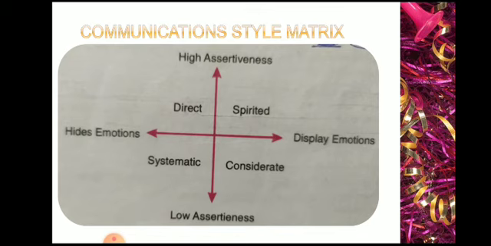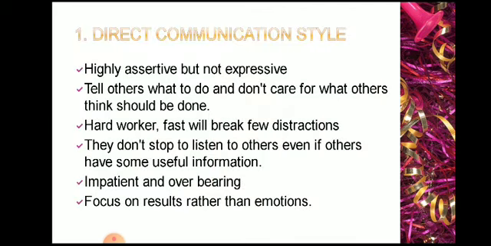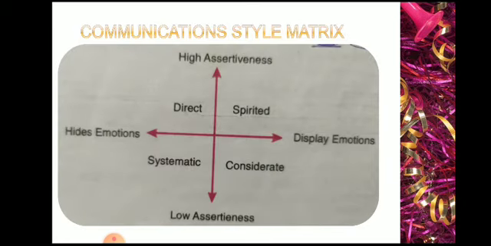So according to this matrix of communication styles, there can be 4 categories. The direct communication, the first one: the person has low expressiveness, hiding their emotions, while having high assertiveness. That combination is direct communication.